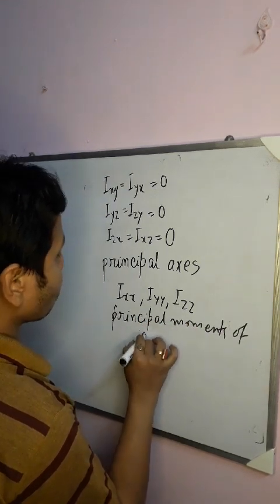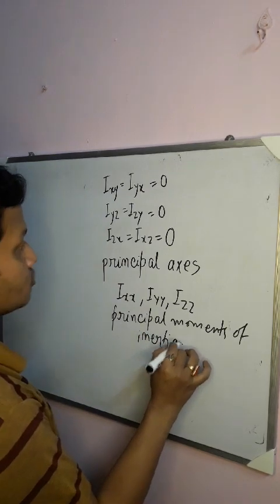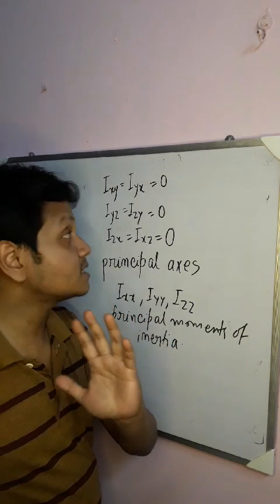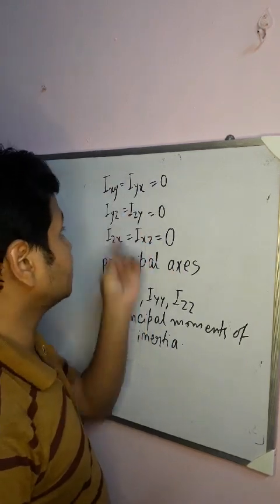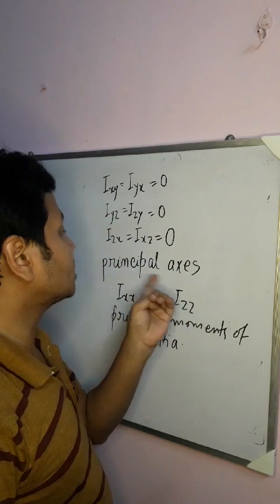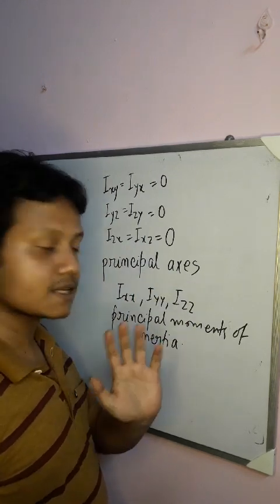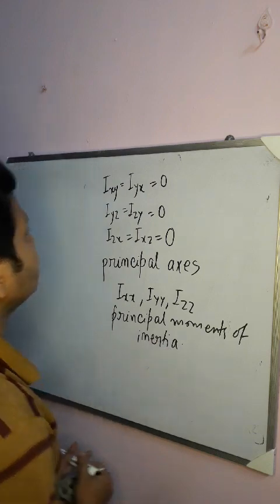So under what condition do we conclude this? If we choose the axes in such a way that the product terms vanish, then the axes are known as principal axes, and the corresponding moments of inertia along the three axes are known as principal moments of inertia.